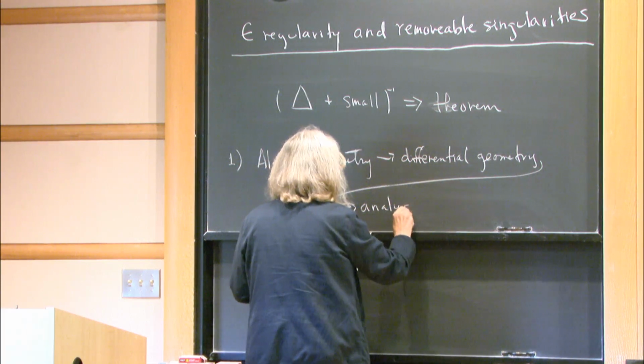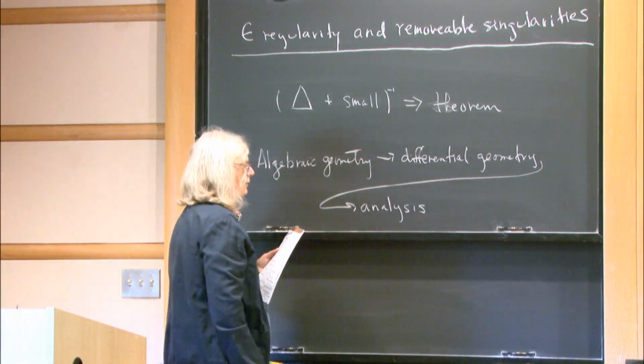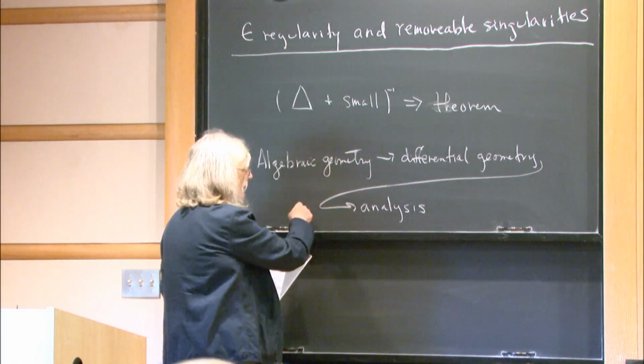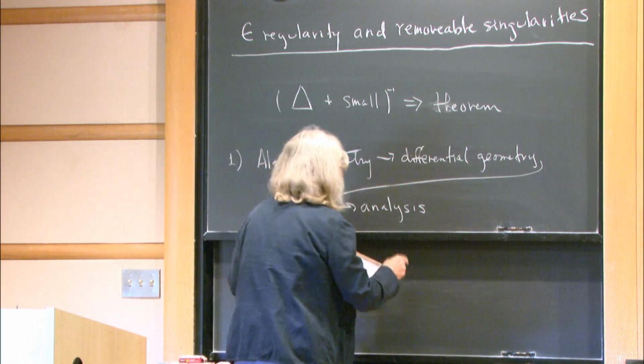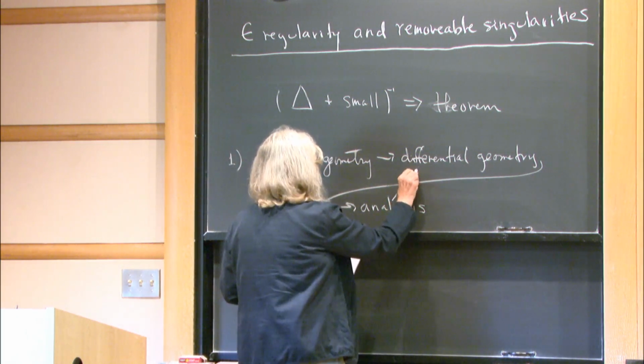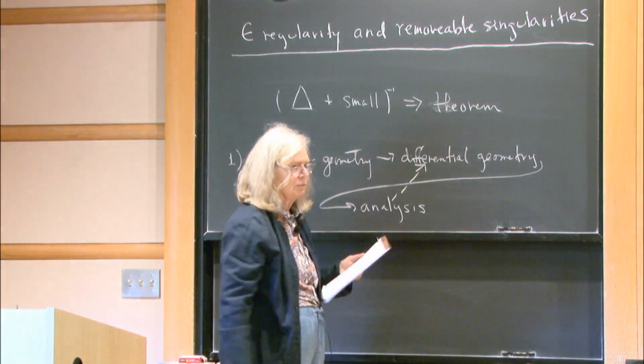And actually, just a comment about how this works. How does the analysis help you? Well, the analysis predicts the existence of things for differential geometry and therefore algebraic geometry.